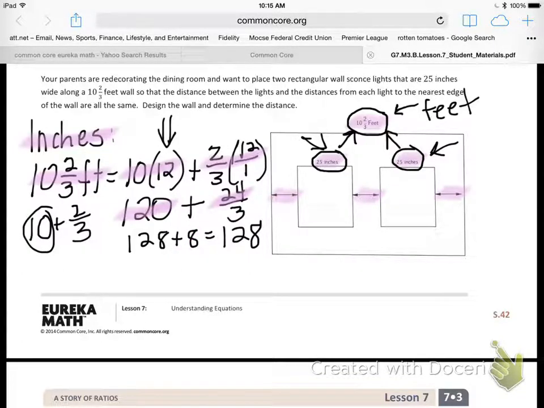And actually this right here, I put 128, I'm going to put 120. So now we have 120 plus 8, which is 128. So this 10 and 2/3 feet is actually equal to 128 inches. So now that we have that conversion, let's go ahead and create an equation using all of these inch measurements. And again, I put feet here, this should be inches.